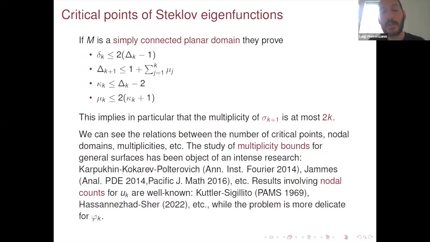So for interior nodal domains, much is known, while the problem is more delicate in dimension greater than or equal to 3 for the Dirichlet-Neumann eigenfunction, namely for the boundary nodal domains. I will get back to this at the very end of the talk, actually.